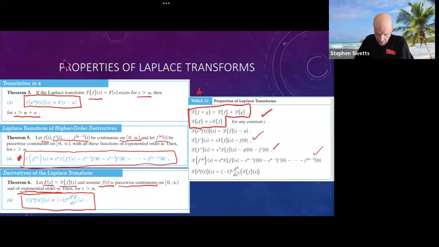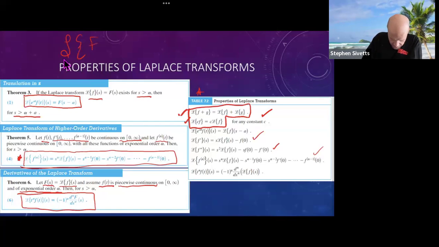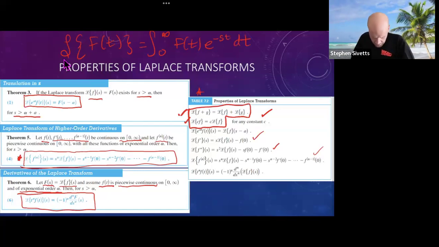Just to point things out, the Laplace transform is a linear function. That's what the first two properties mean. The Laplace transform of f of t, by definition, was the integral from 0 to infinity of f of t times e to the negative st dt. It's pretty easy to prove actually.